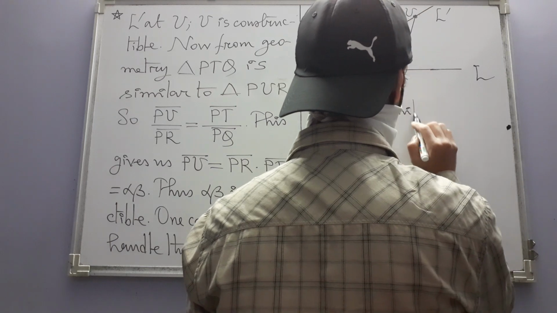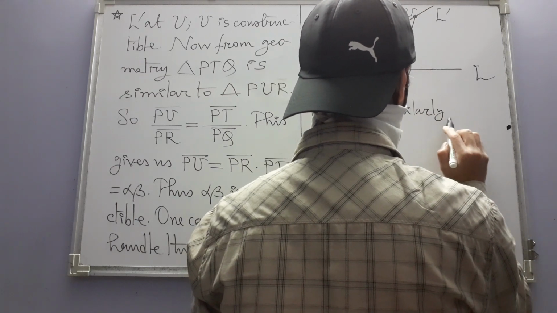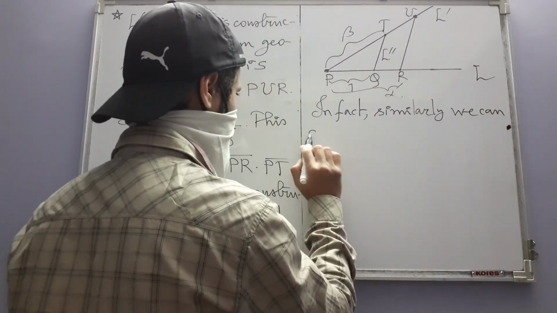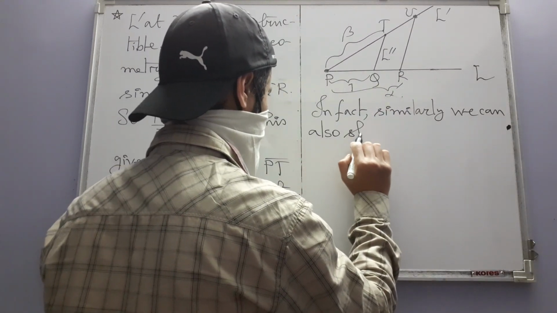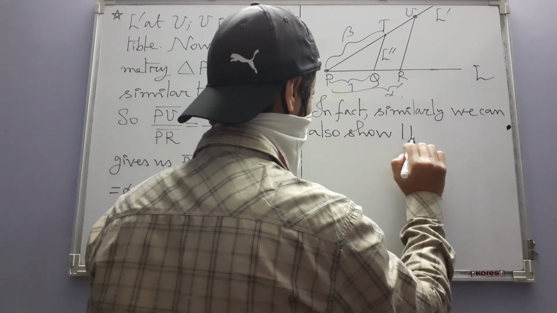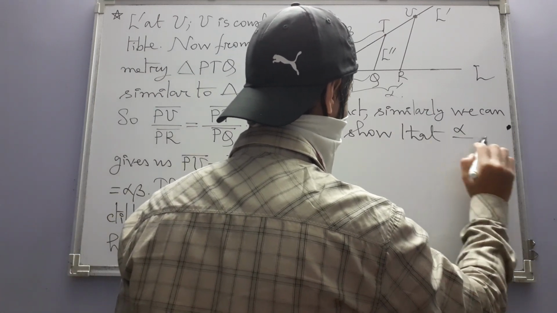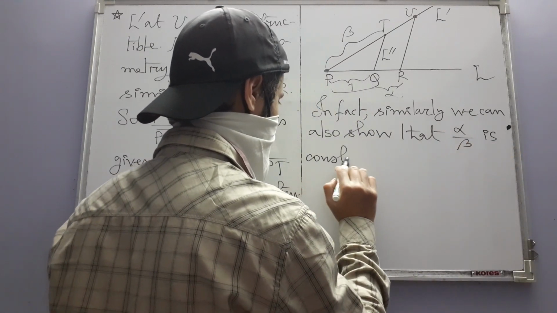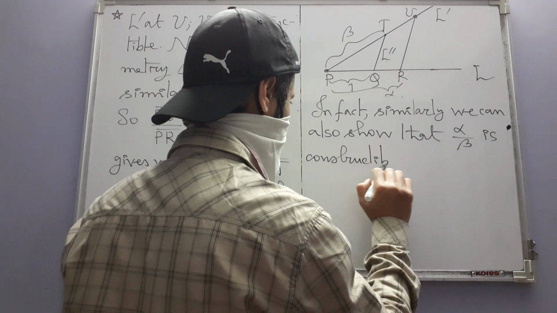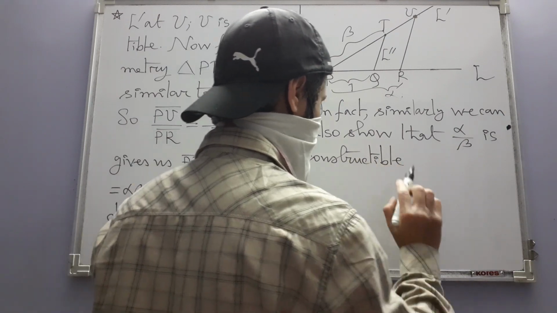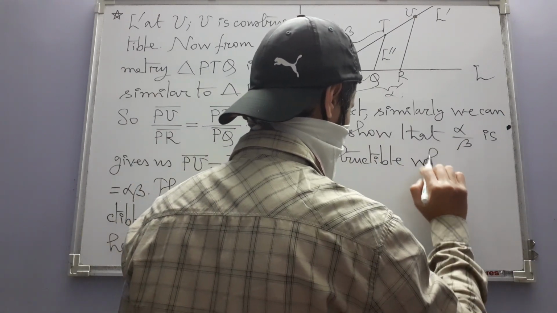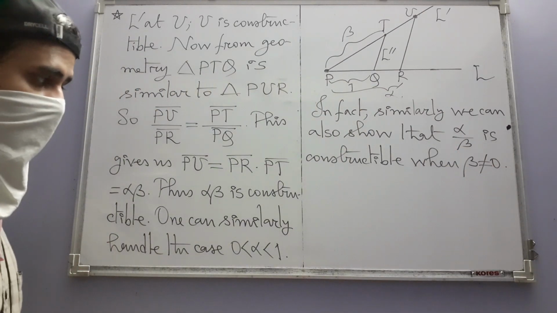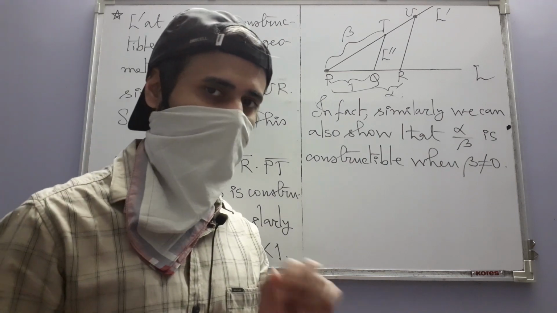In fact, similarly we can also show that alpha divided by beta is constructible when beta is not equal to 0. Similarly, these parts are left to you.